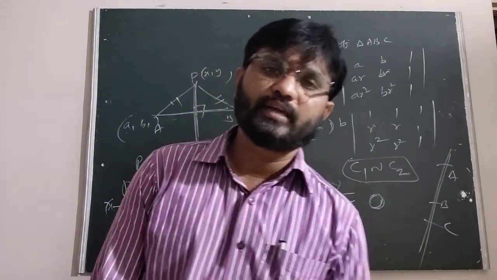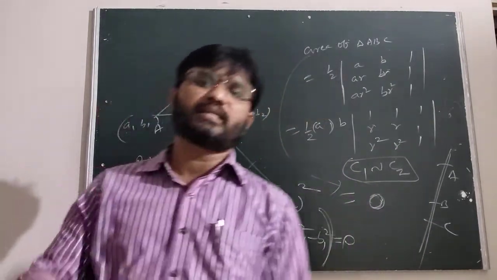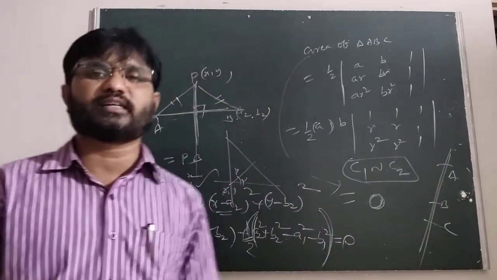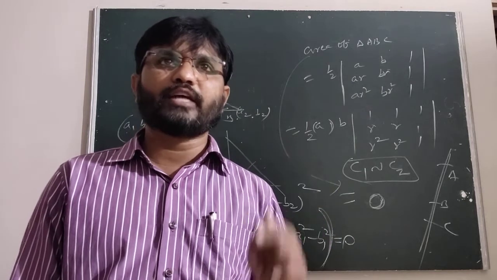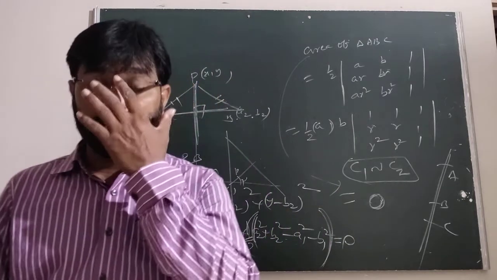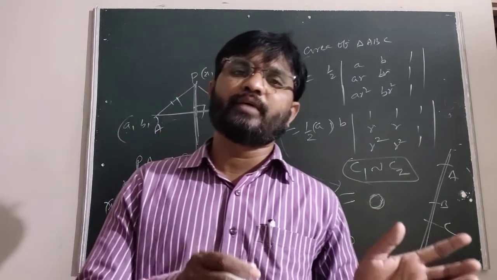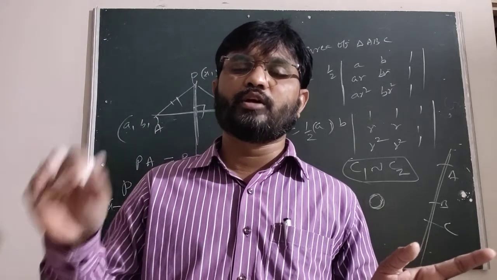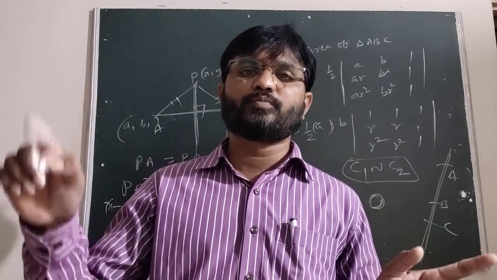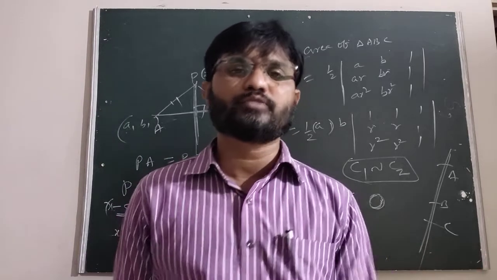After that, the angular bisectors. The angular bisectors of a1x + b1y + c1 = 0 and a2x + b2y + c2 = 0 are (a1x + b1y + c1)/root of (a1 square + b1 square) = plus or minus (a2x + b2y + c2)/root of (a2 square + b2 square).